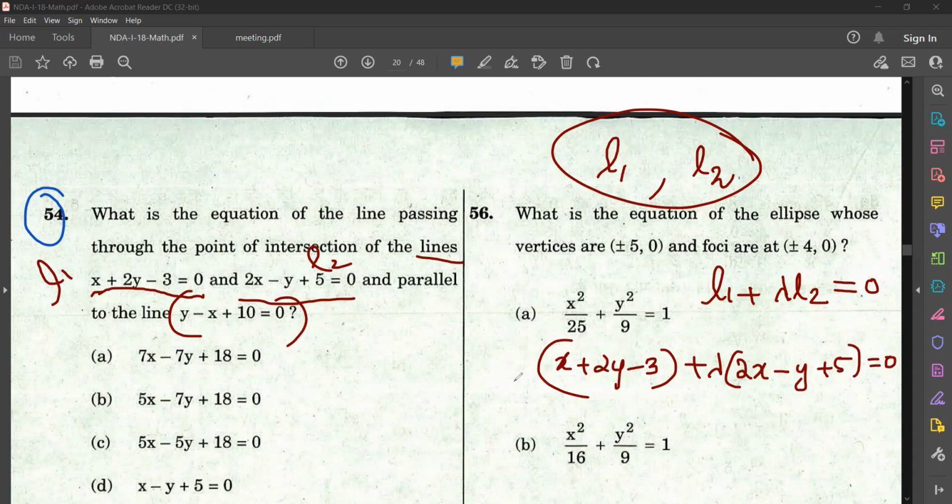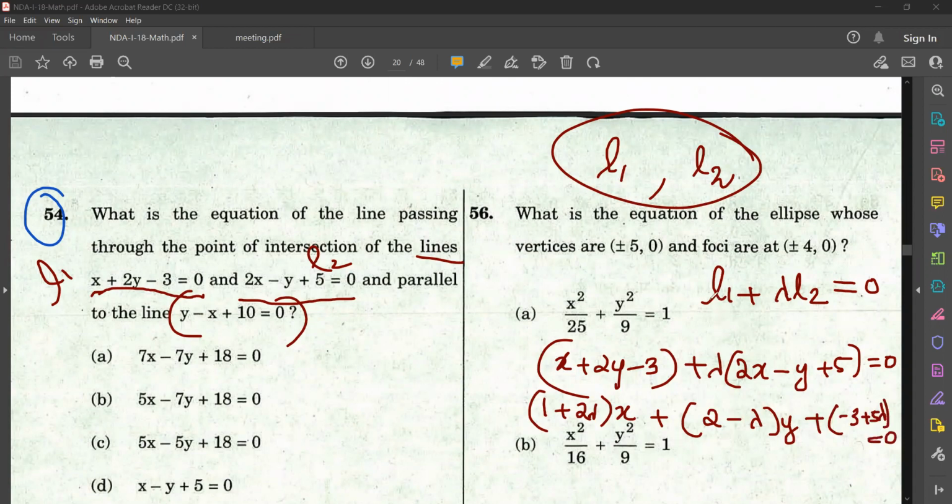Now what is the next step you have to do after writing it? The next step is you have to find lambda, isn't it? To find lambda, we have to collect all the x coefficients, y coefficients, etc. So collect all the coefficients and write: 1 plus 2 lambda x plus 2 minus lambda y plus minus 3 plus 5 lambda is equal to 0, isn't it?